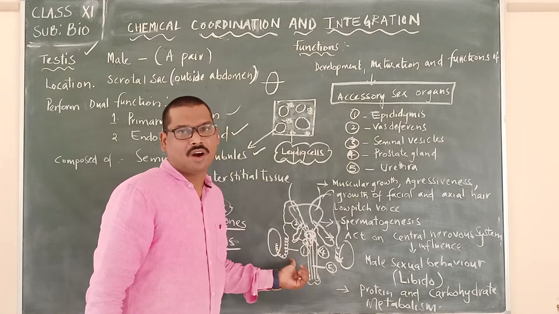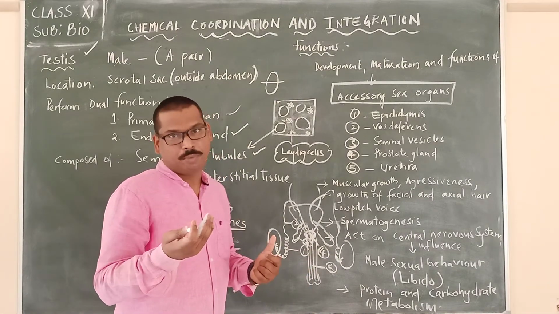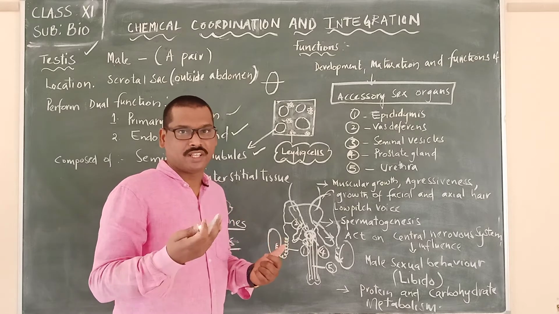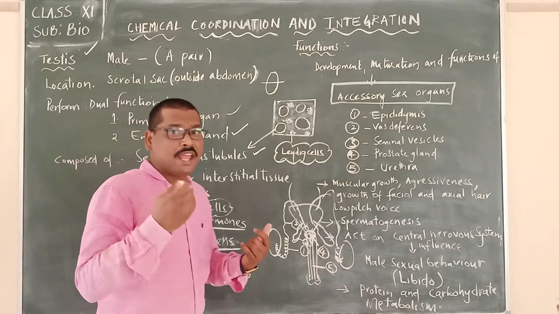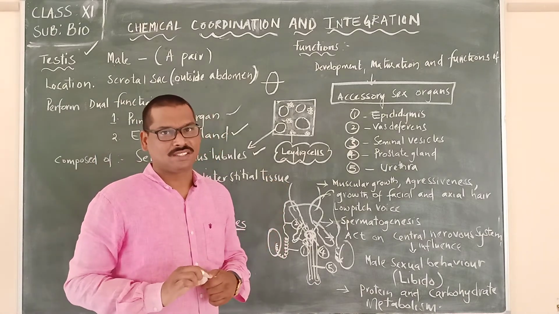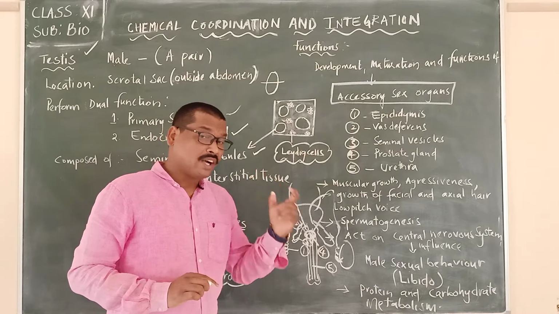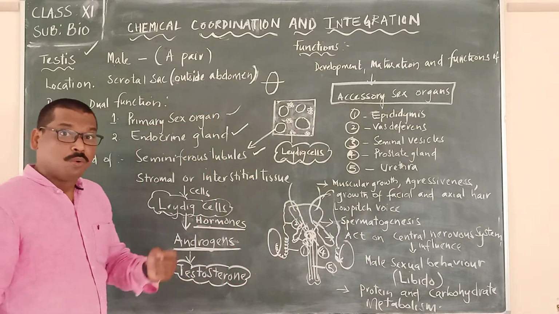About all these parts, you will be studying in detail in human reproduction next year. So here our aim is that the testes are acting as endocrine glands. What is the hormone produced by the testes? It is testosterone.